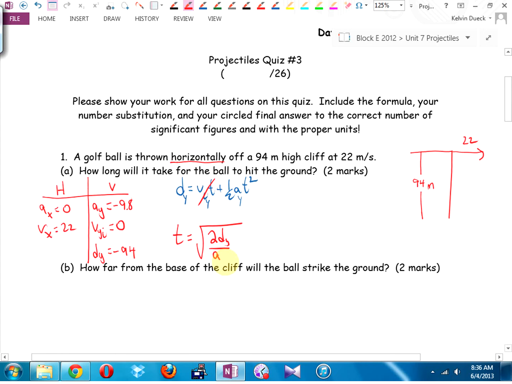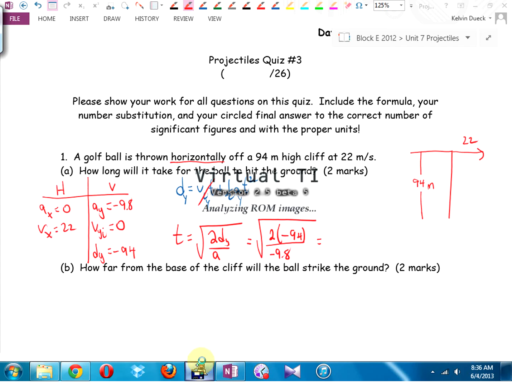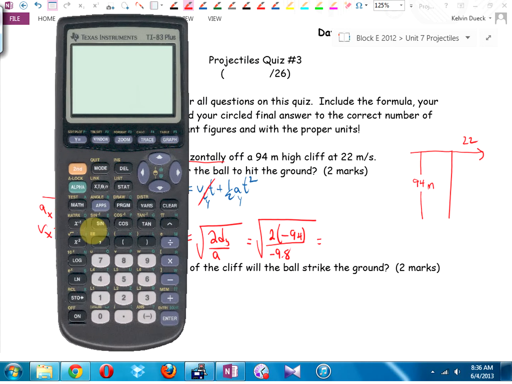How do you get rid of a squared? Square root. It's going to end up being the square root of 2 times negative 94 divided by negative 9.8.